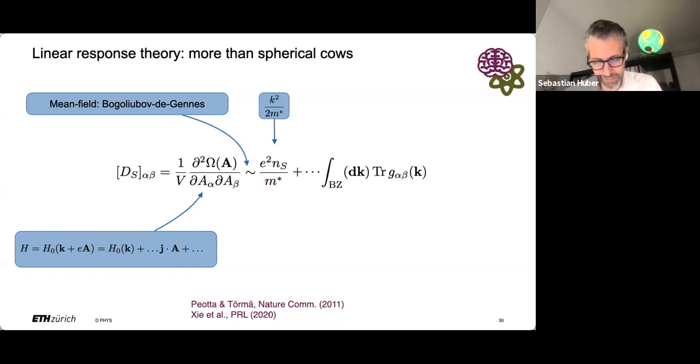So if you do that, then you get 2 terms. The first one is just that spherical cow. If you assume that you have just a spherical Fermi surface in a quadratic band, then that's what you get from the mean field analysis. However, in the meantime, we know, as I alluded to with Felix Bloch in the beginning, that we don't live in quadratic bands only. There is more to modern, or interesting, bands.